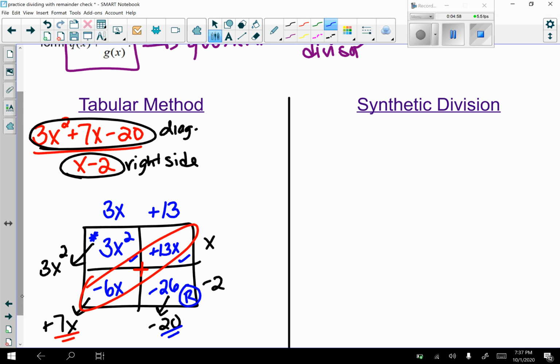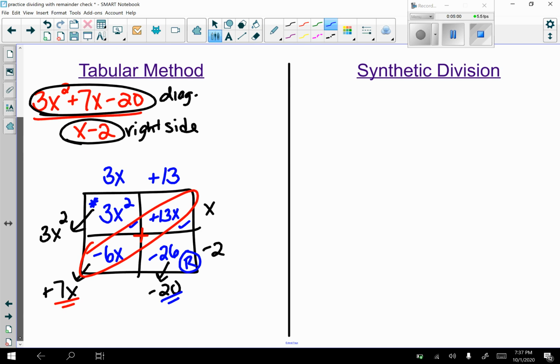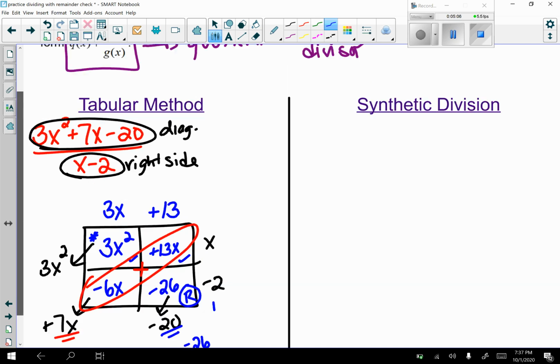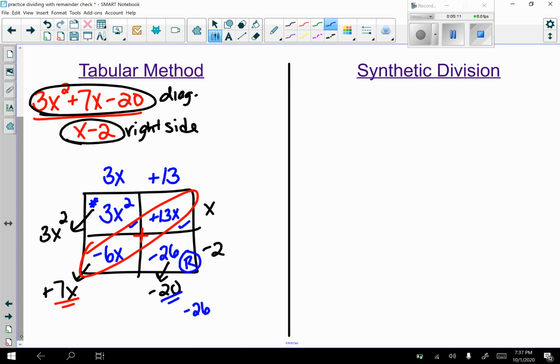In order to find your remainder with the box method or the tabular method, we're going to do negative 26 because that's my inner piece, plus my remainder, and it has to equal negative 20. So I could add 26 to both sides.